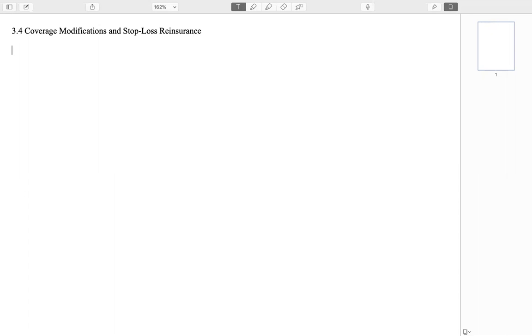This is actually the most technical part of this chapter. There can be many challenging questions from this particular subsection.